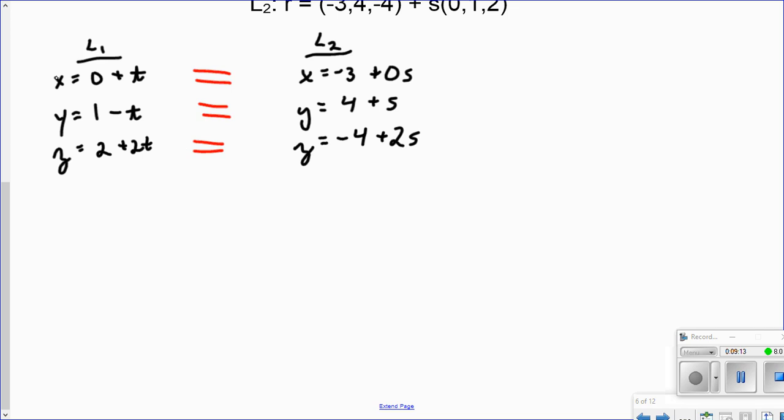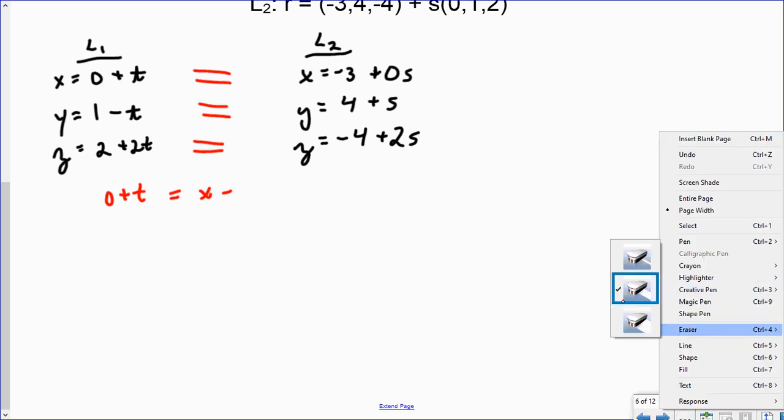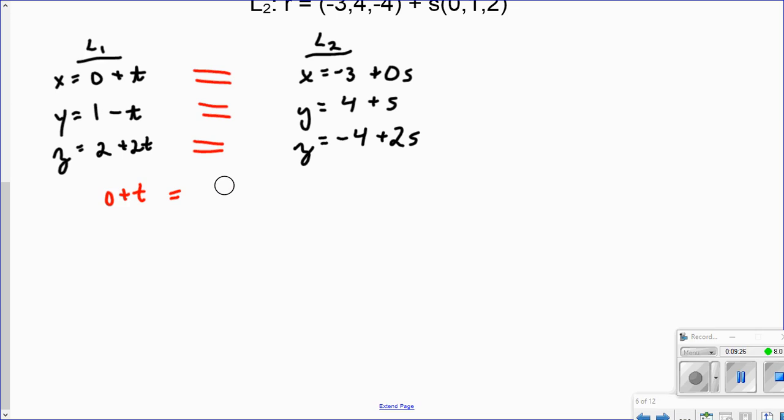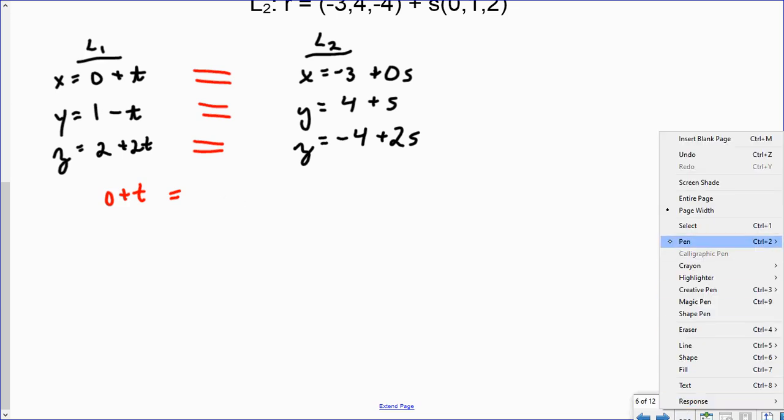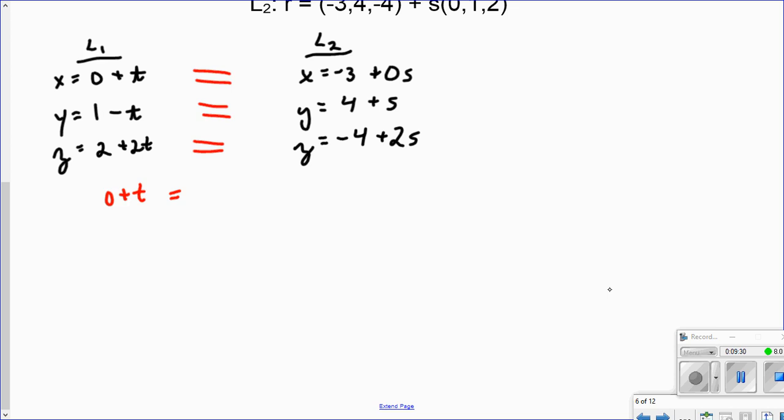If x in the first line is defined by 0 plus t, and x in the second line is defined by negative 3 plus 0s, can I actually solve this? Sure I can. I can get t equals negative 3. Now, that's what's nice and easy.